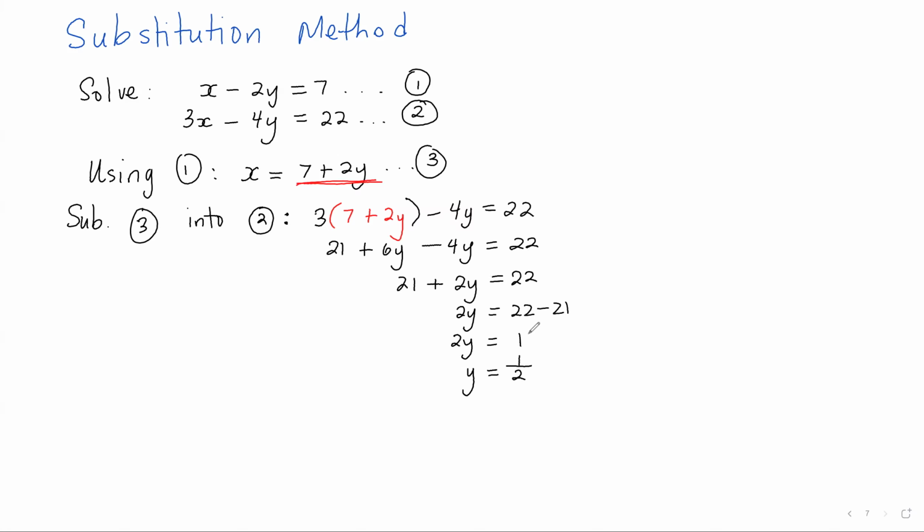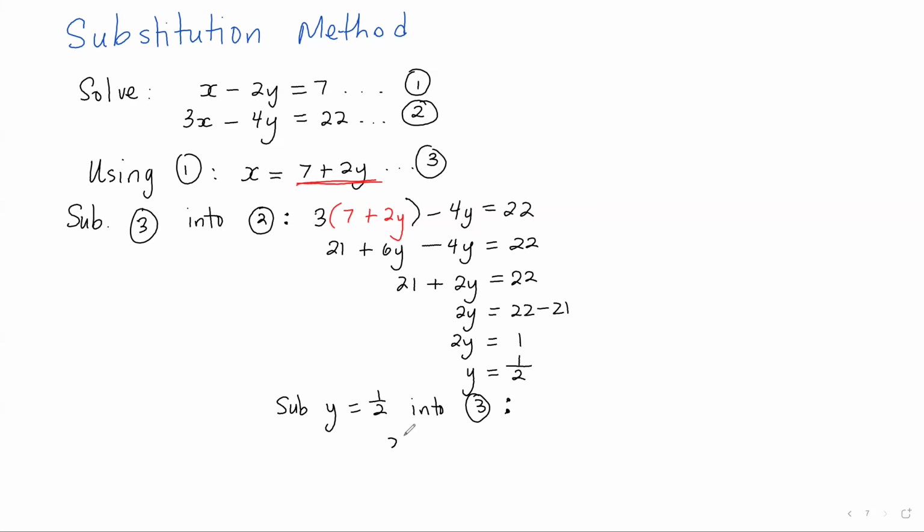You can get y being equal to a fraction or a decimal. It wouldn't always be a whole number. Now that I have y is equal to a half, I substitute that into any one of the equations. I'm going to substitute it in equation 3.